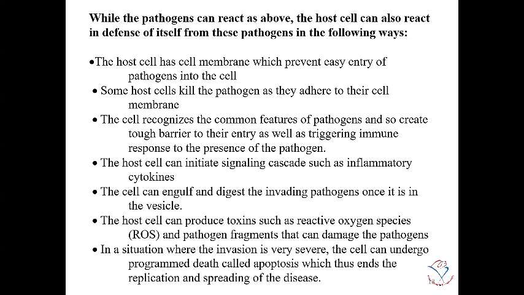Then the whole cell can also initiate signaling cascades such as inflammatory cytotoxins. This also tries to cause inflammation there, and by this inflammation, it tries to block the pathogen from having direct entry or indirect destruction into other aspects of the cell.